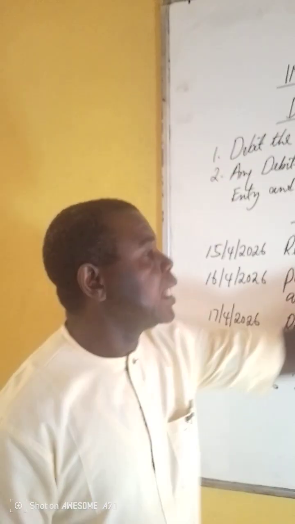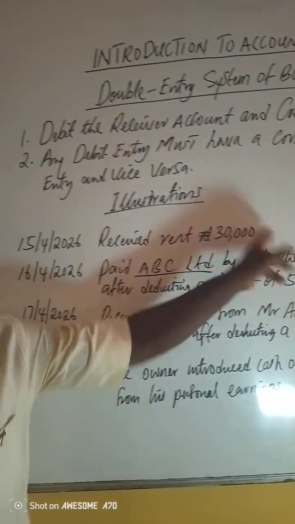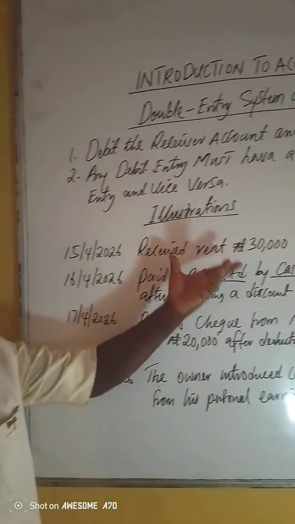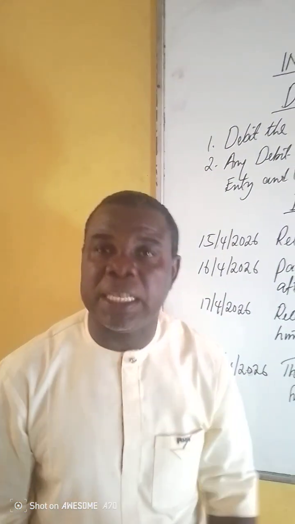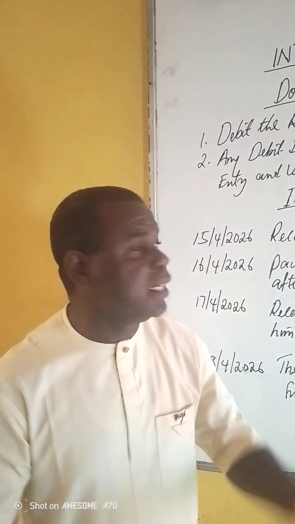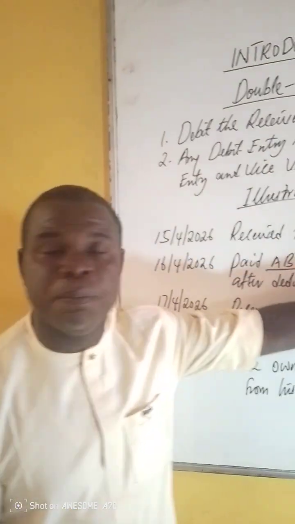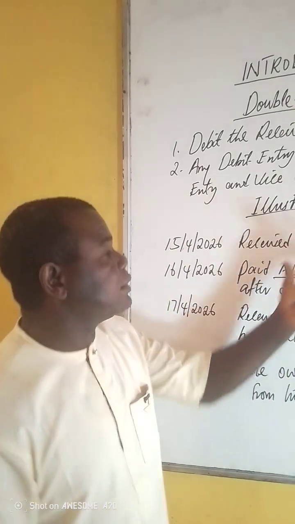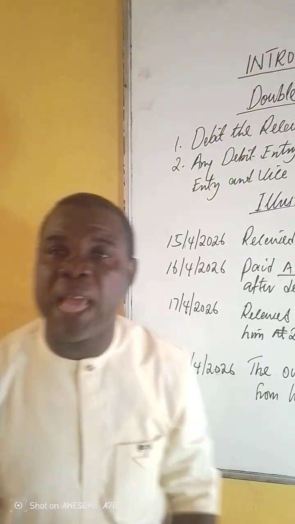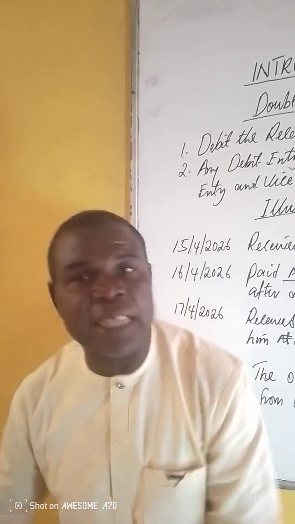Then in this case, cash is not mentioned here, but it is cash. Why? Because if rent is received by the business, then it means that the rent was received by cash. So cash must not be mentioned before you use cash as the receiver account. I still want to clarify issues like paid wages, 9,000.